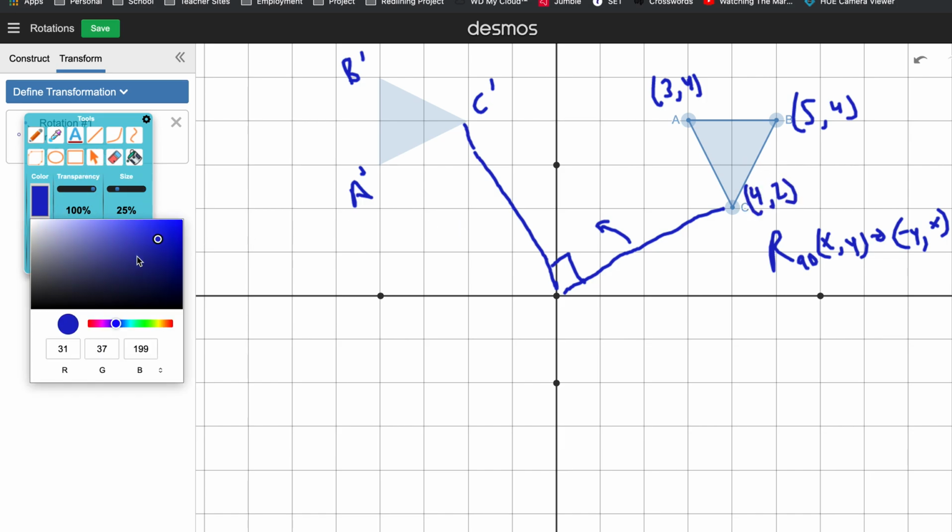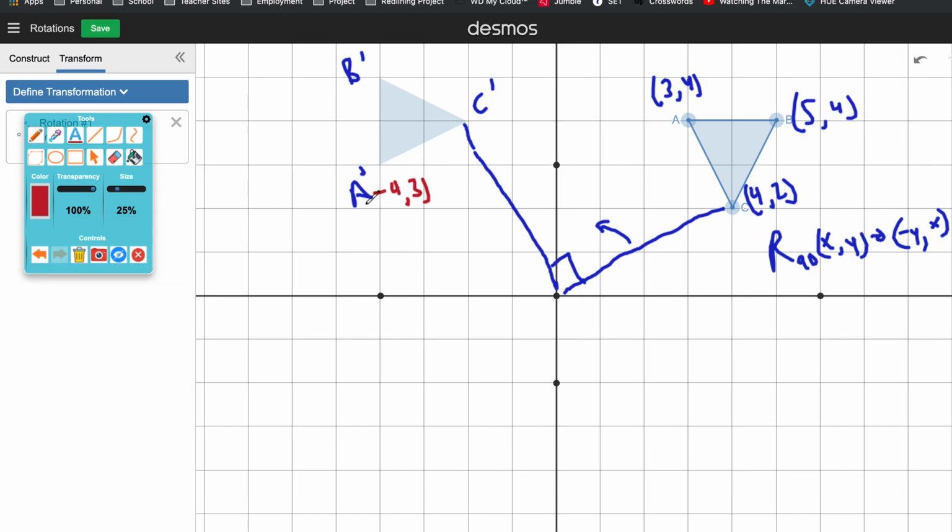Well, let's change our color here. That's good. A prime is at -4, 3. C prime is at -2, 4. And B prime is at -5, 4.